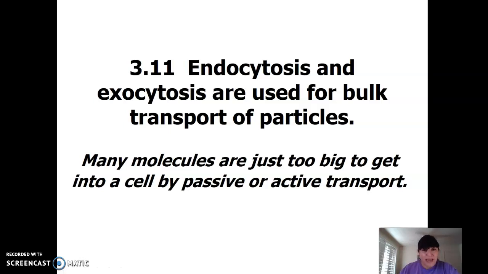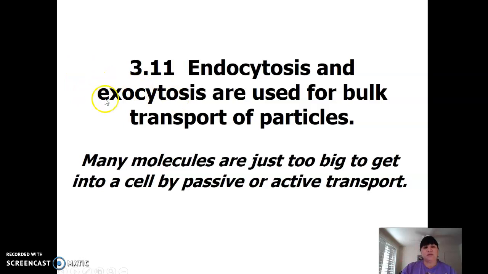Some other movements: endocytosis, exocytosis. Endo means into, cyte means cell. So endocytosis, what if the cell wants to move bigger stuff into the cell? Exocytosis, exo, think of exit, moving things out of the cell.